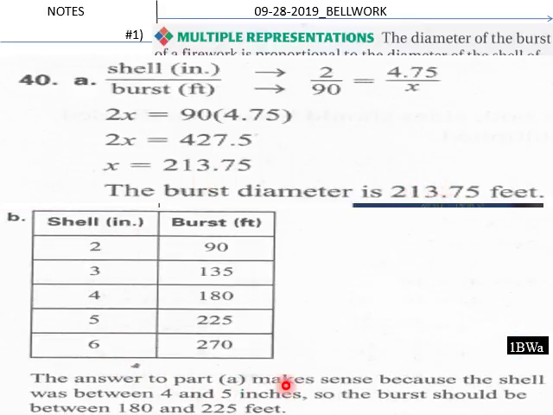Then we make a table from the original situation, and we come up with this here for bursting feet. This is what you should have had or come close to. If you didn't get it, students, copy this down.